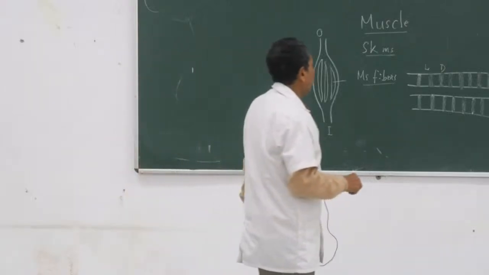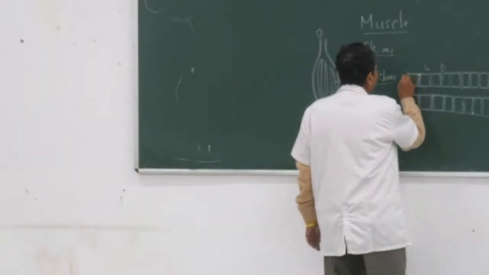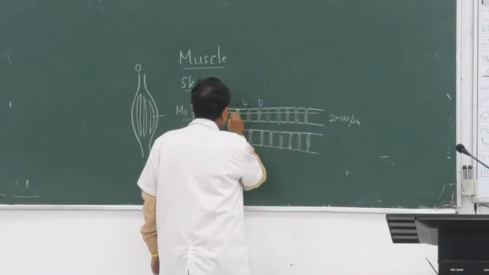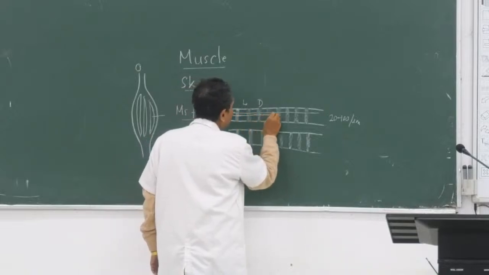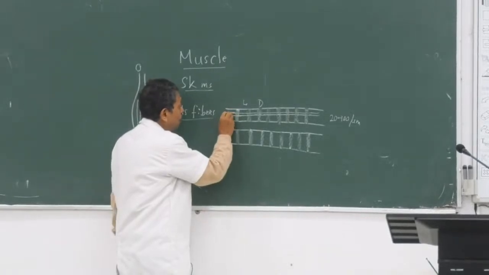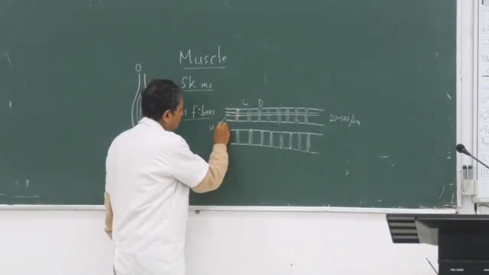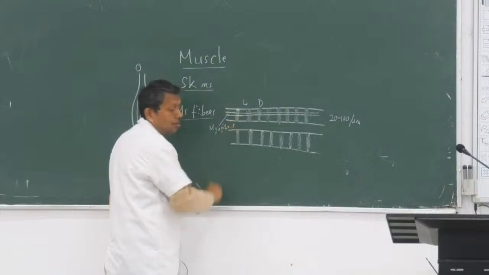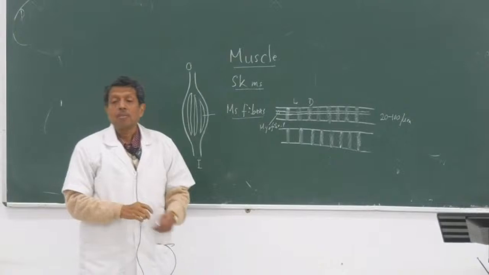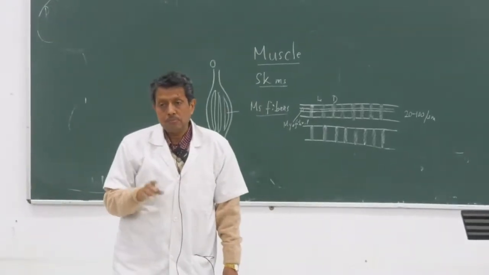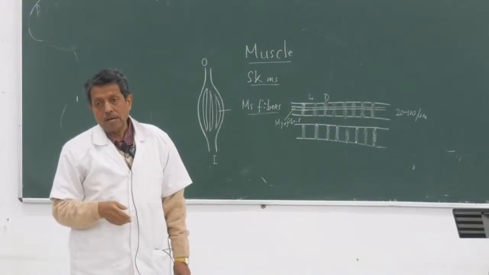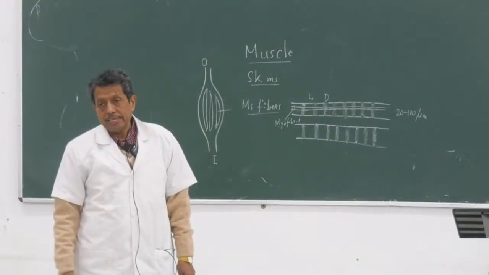Now the muscle fibers are formed of innumerable number of myofibril. They are also elongated structure, and it is a myofibril. After this myofibril, it can be displayed by the light microscope, but for higher magnification is required to explore the other elements.